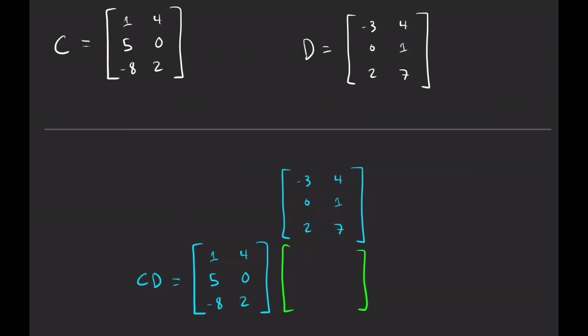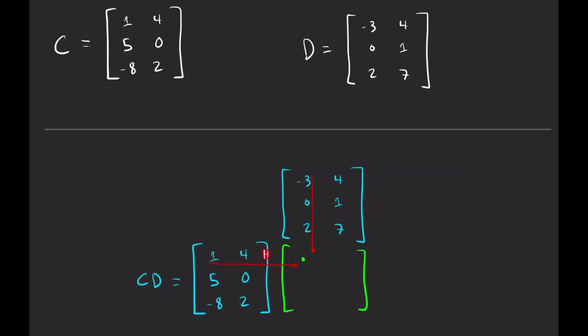Well, let's go ahead and just try the top left entry. I maybe don't know how many things are in this matrix in full, but I know that there's going to be something in the top left. So when I do that, I'm going to take this right here. We're going to draw the arrow down. We're going to take this right here. We're going to draw the arrow down. We see those arrows meet in that top left entry. We go, sweet, let's go ahead and do that dot product. So we take the first entries, the 1 and the -3, we multiply them. We take the second entries, the 4 and the 0, we multiply them.